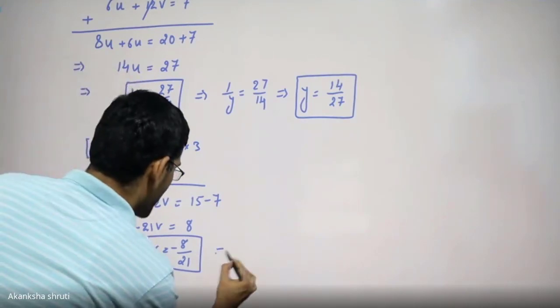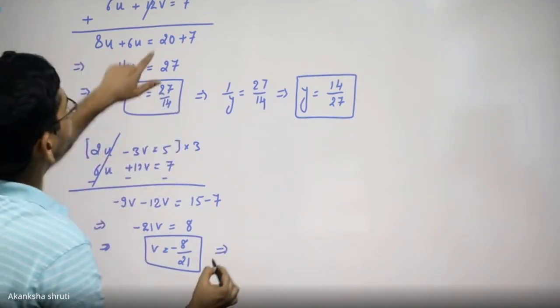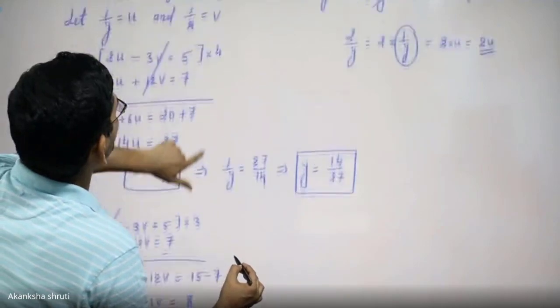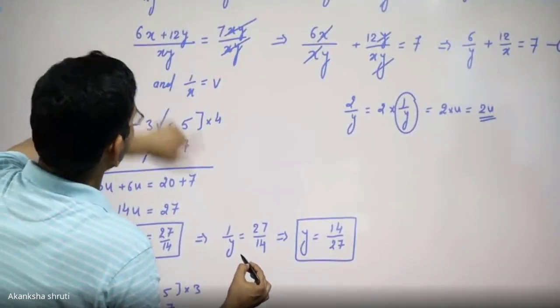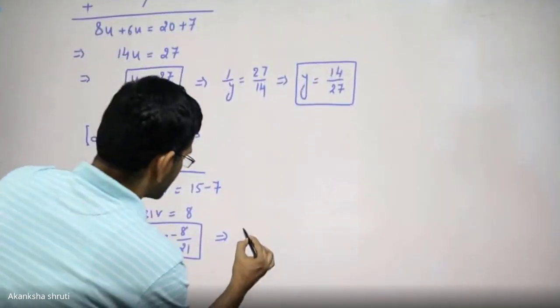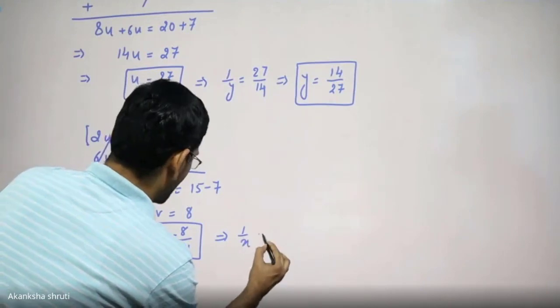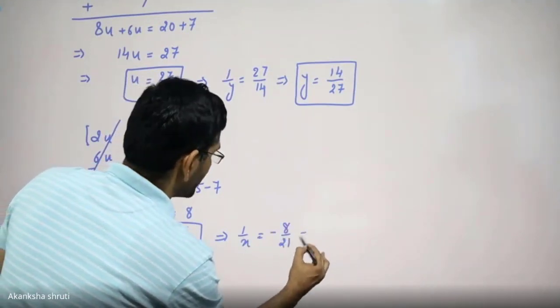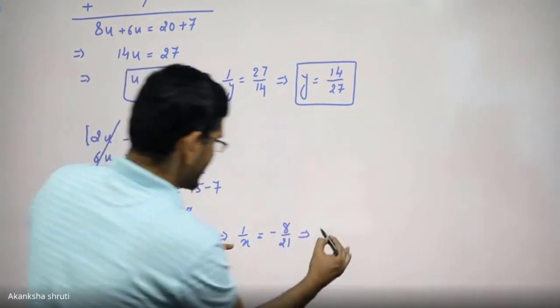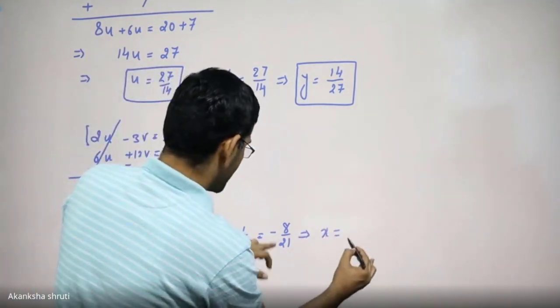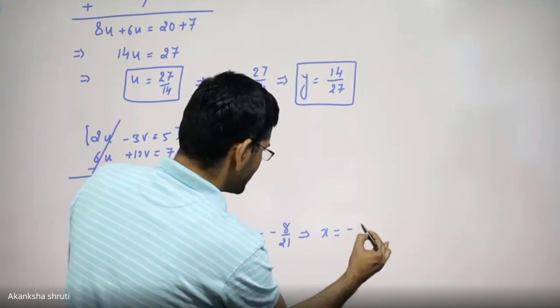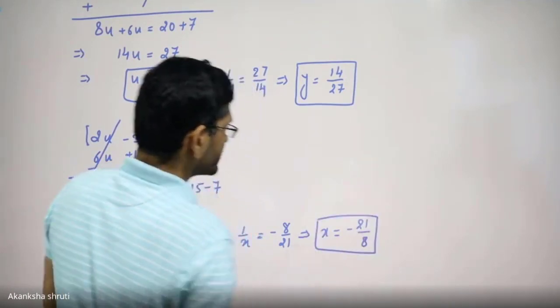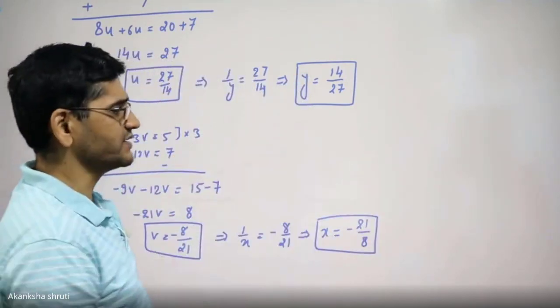So this v that we have assumed is nothing but 1 by x. So go for substituting. 1 by x value is minus of 8 by 21. So x, take the reciprocal simply, minus of 21 by 8. This way the value of x and y is calculated.